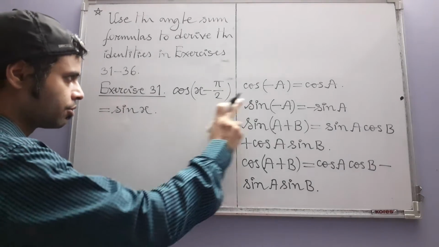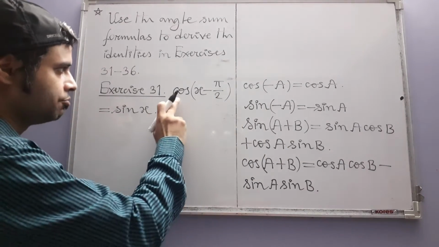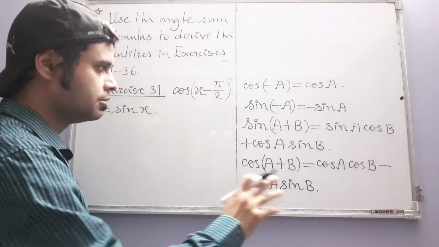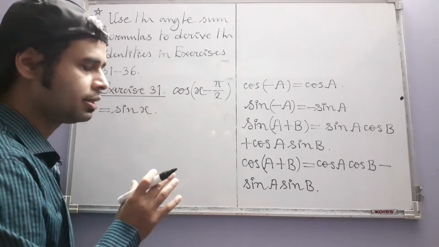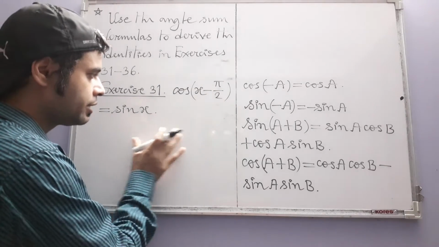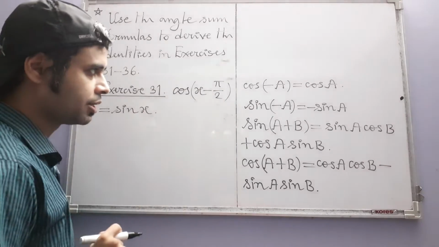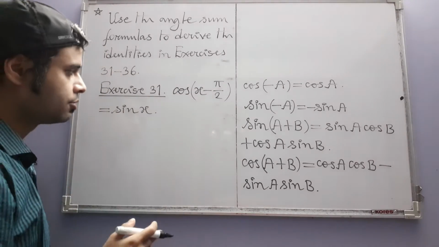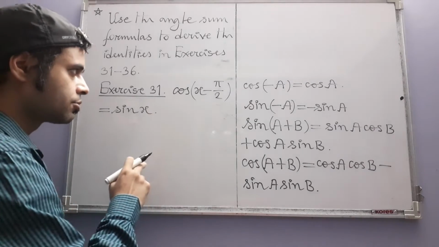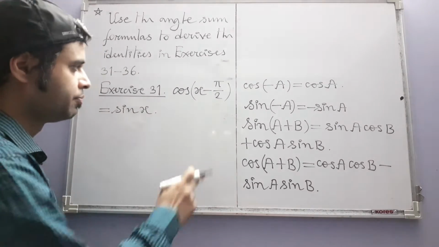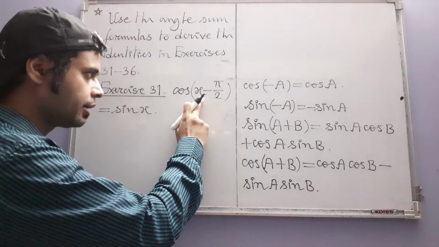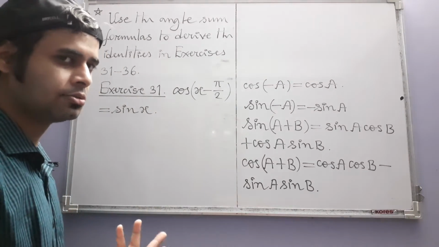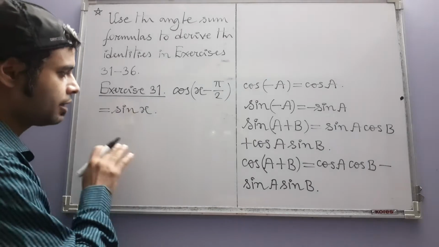Assuming that we do not yet have the formula for cos a minus b, in deriving this identity we will just use the cos a plus b formula. In place of a we would take x, of course, and in place of b we would take minus pi over 2, and then let's see why I am doing this.